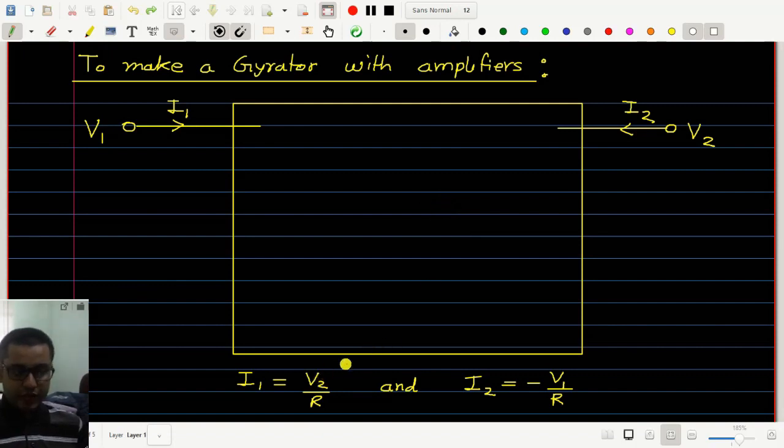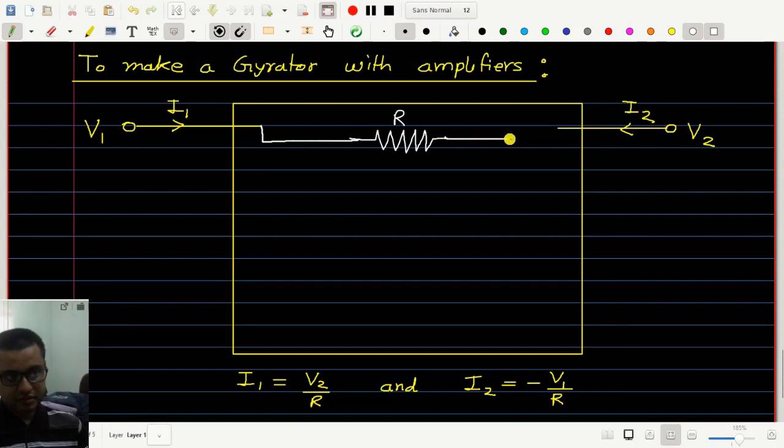So let us look at first any of these two equations. Say I look at this equation and I want the current I2 to be equal to V1 by R. So I can take a resistance with value R and I can connect it, say, between these two terminals like this.